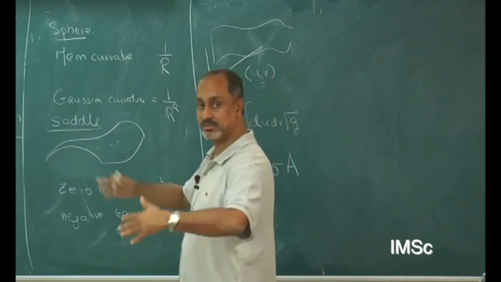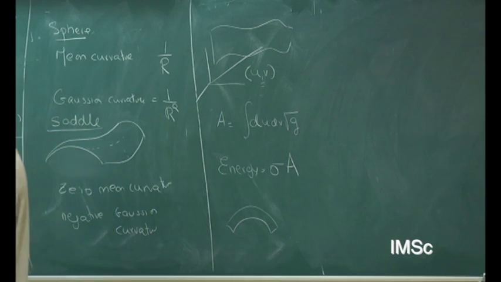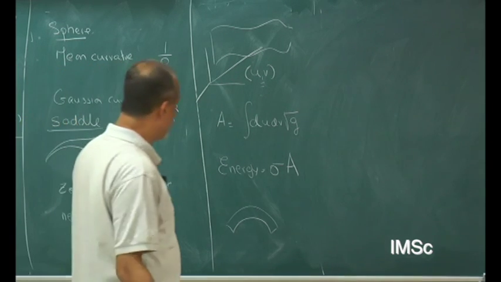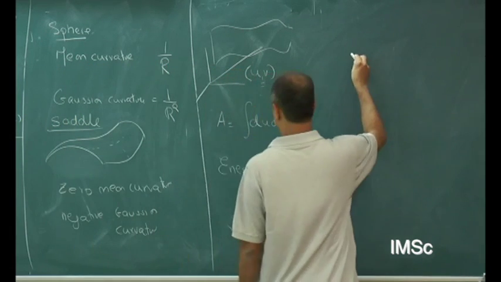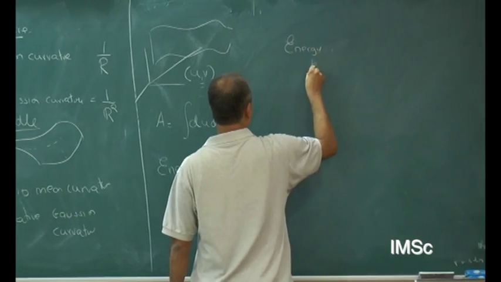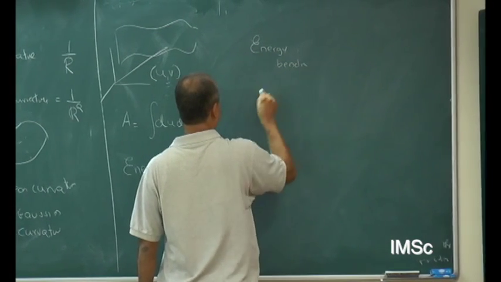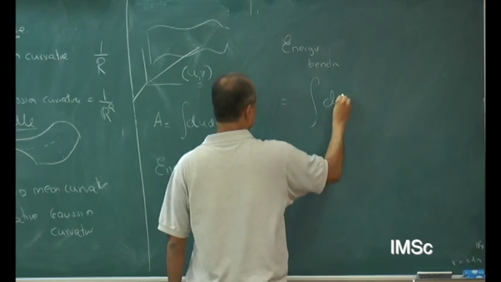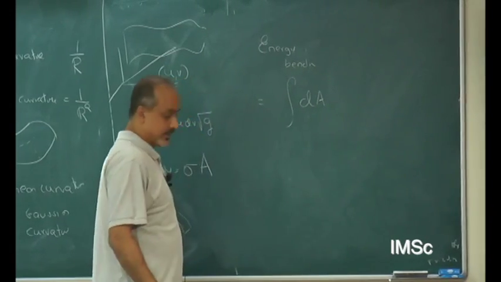The surface can both change its area, but it can also bend without a significant change in its area. And the energy associated with that, the energy for bending, is just an integral over this area element dA.